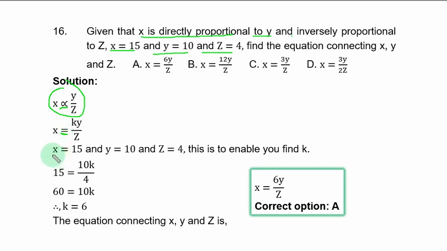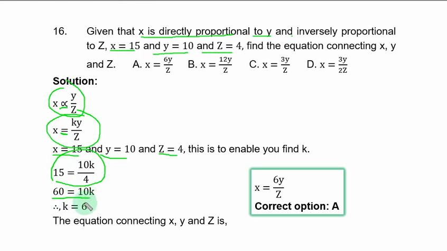Now the reason why s is 15, y equal to 10 and z equal to 4 is to enable you find k. So you simply come here and you replace s, y, z with what they stand for, and you have this. If you clear fraction, you have 15 times 4, that is 60, equal to 10k.